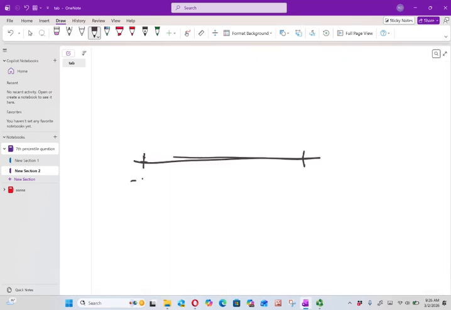Here's minus 2 standard errors and plus 2 standard errors, and there's the middle. 0 standard errors. This is the average. This is the average plus 2 standard errors. This is the average minus 2 standard errors.